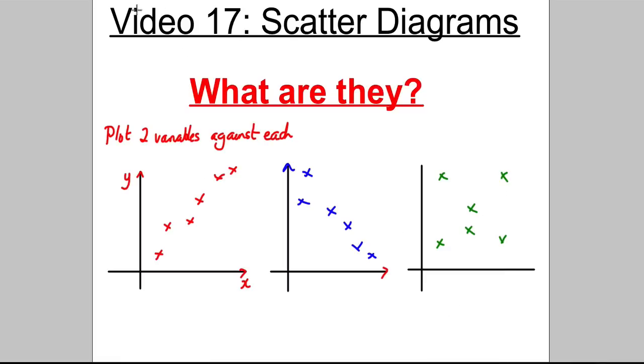Now, this first type is called a positive correlation, so you have to learn these words. This second type is called a negative correlation. And this last type is called no correlation.